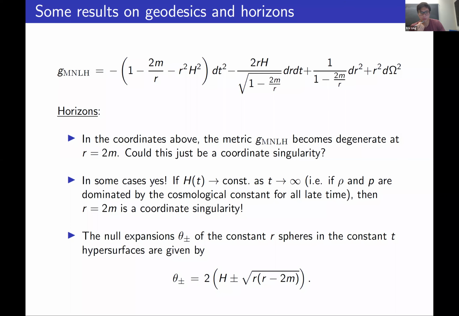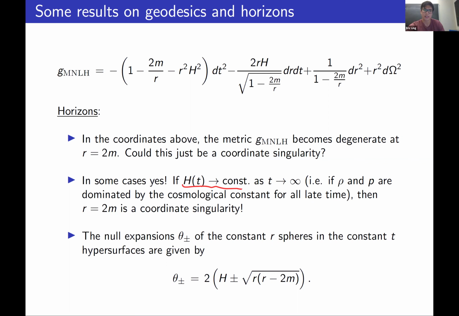And so the proof, we haven't quite written it all down yet, but the idea is if you assume that the Hubble expansion does approach a constant as time goes to infinity. Again, what this means is if rho and p are really dominated by a cosmological constant as time goes to infinity, then r equals 2m is in fact a coordinate singularity.